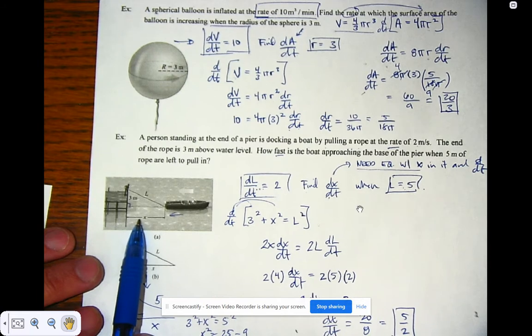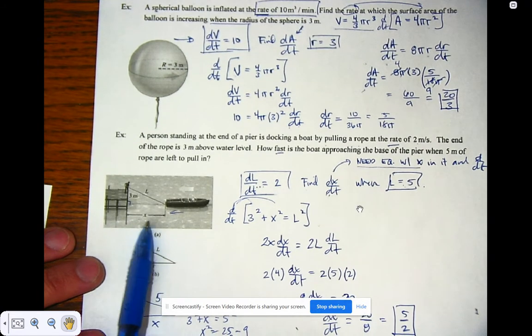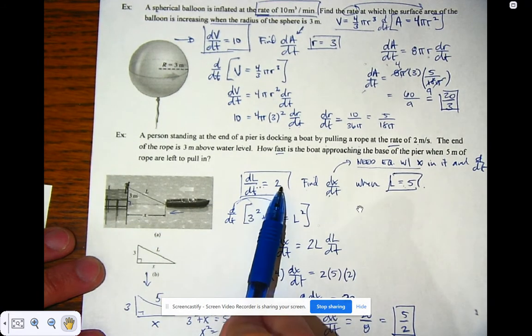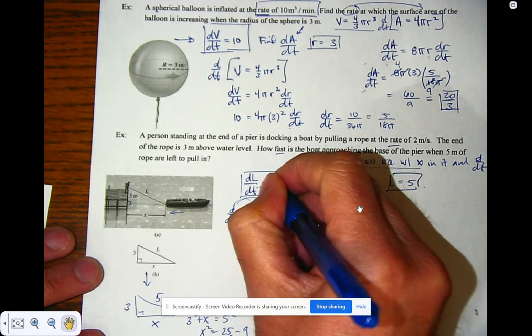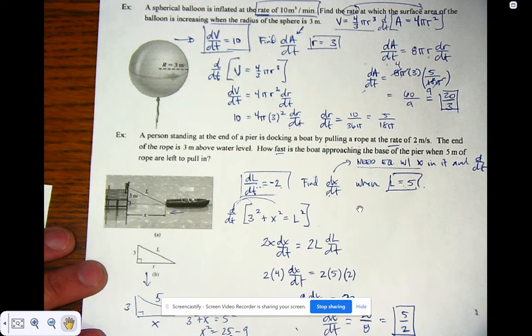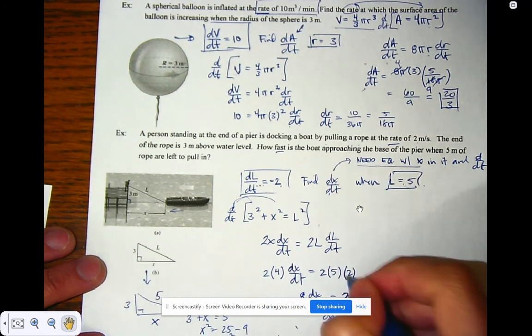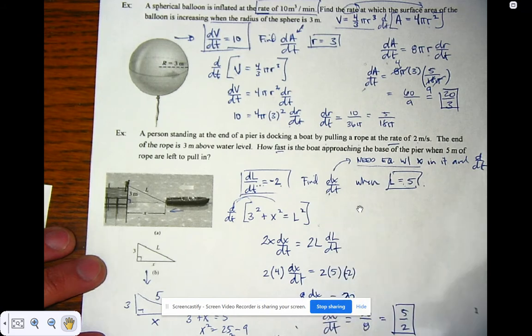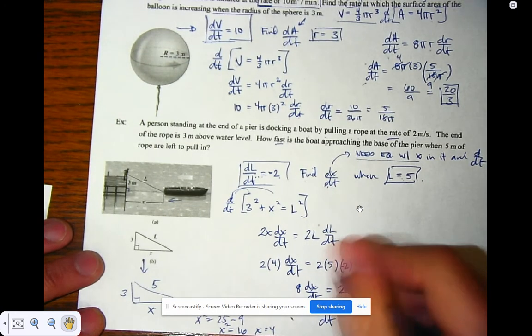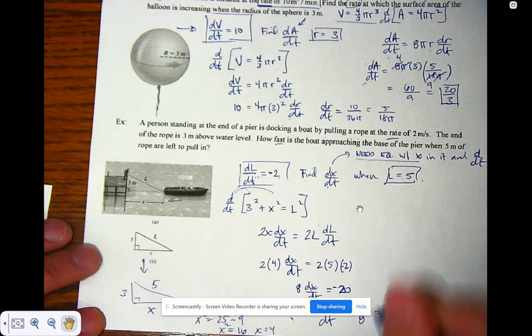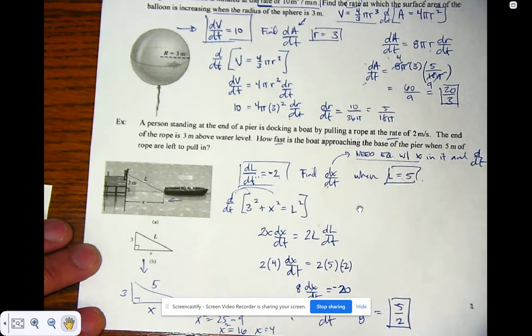Okay, on this boat problem, technically, right, we said dl/dt is 2. It's shrinking, right? So technically this would have been negative. Okay, and how would that change our answer? Well, down here, when we plugged in dl/dt, we would have made that a -2, giving me -20 over 8, or -5/2.